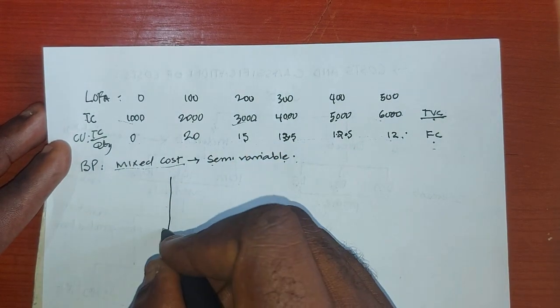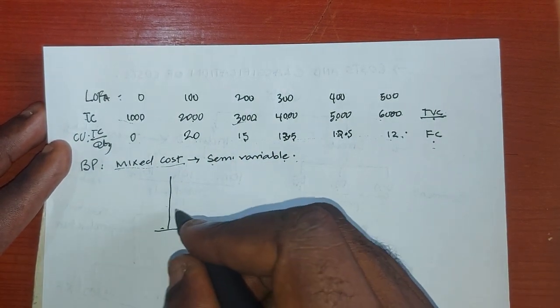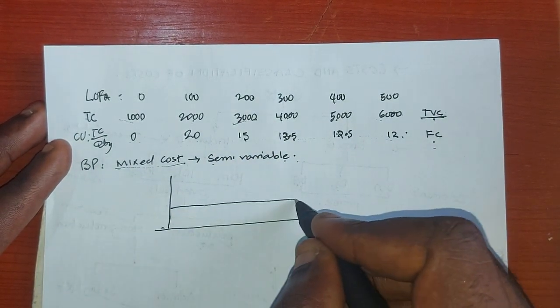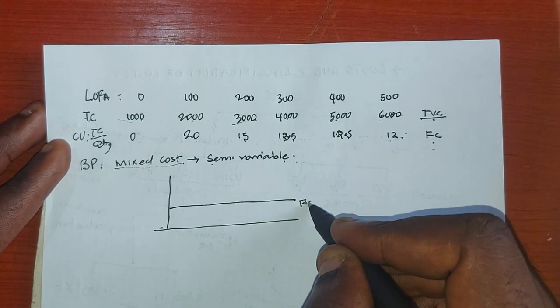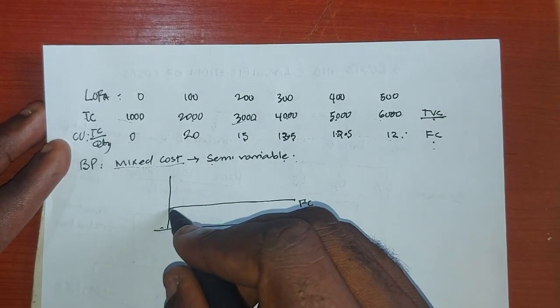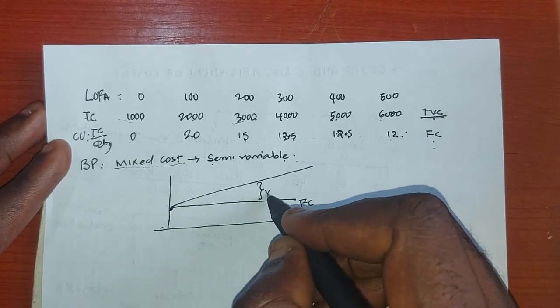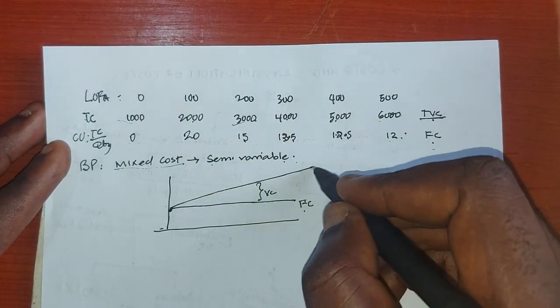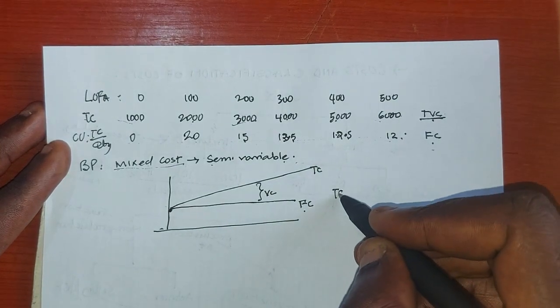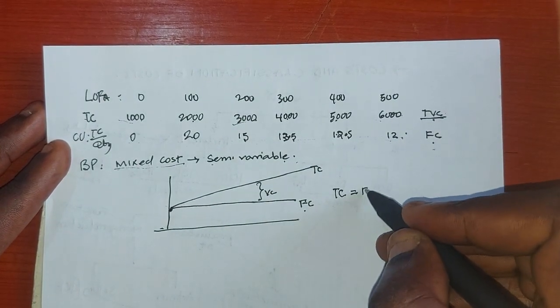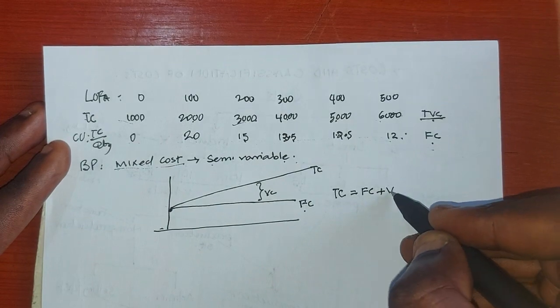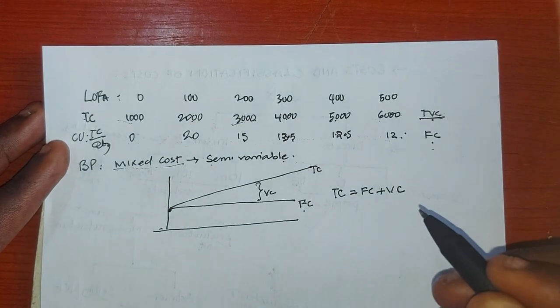So the graph will be: it has a fixed cost component, so this is total fixed cost. Then from here, it has a variable component, so this is variable cost. That is why total cost equals fixed cost plus variable cost.